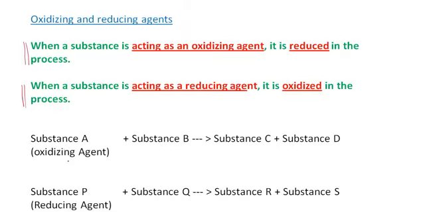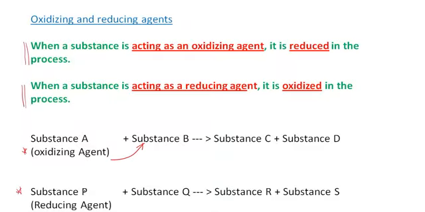So don't get confused. What we are saying is, if we have a substance A reacting with a substance B, and substance A is an oxidizing agent, the oxidizing agent will oxidize substance B, but in the process, substance A will be reduced. Okay, do you get that? Let's look at the reverse now.